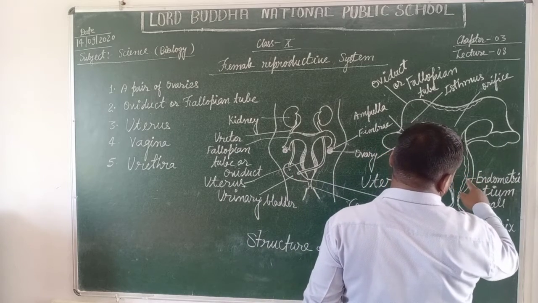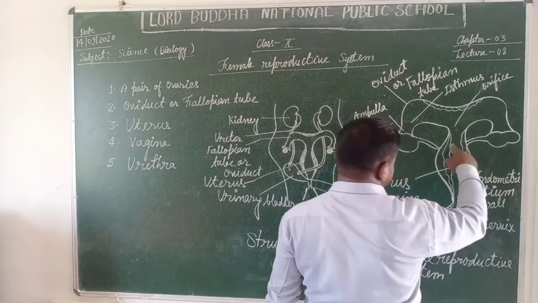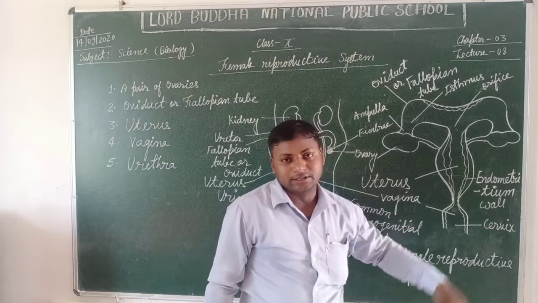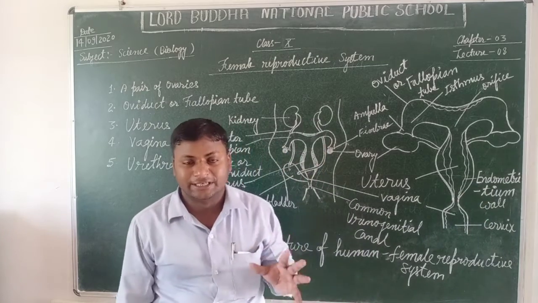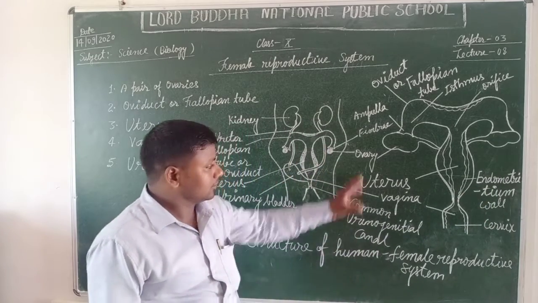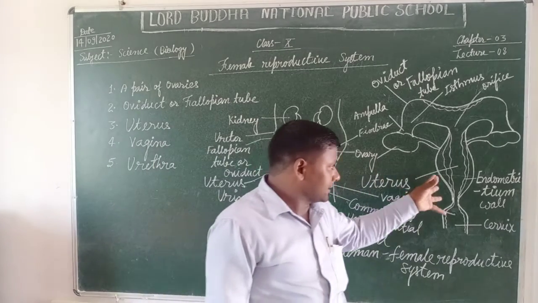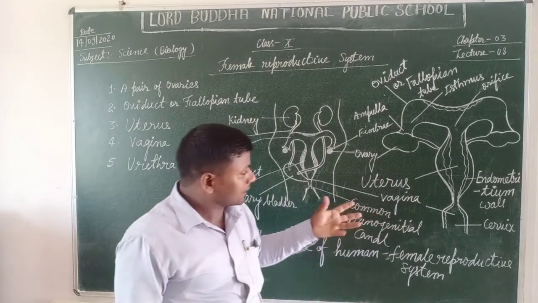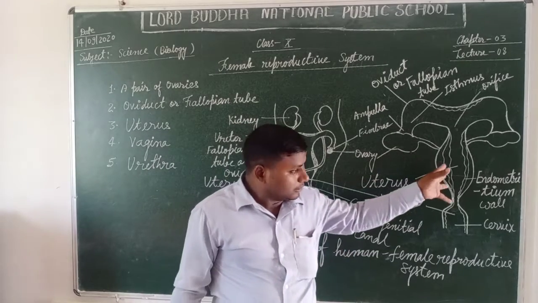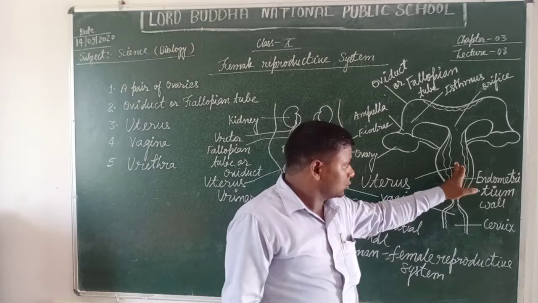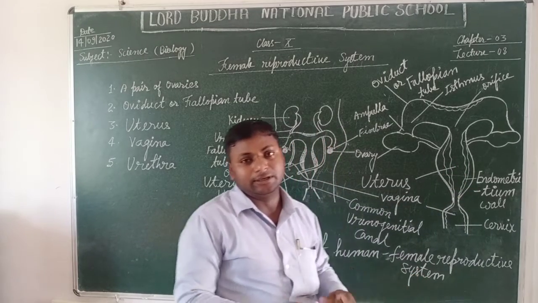This is the uterus, a pear-shaped structure about 15 to 20 centimeter long, very elastic in nature and can be widened to about 20 to 30 centimeter.